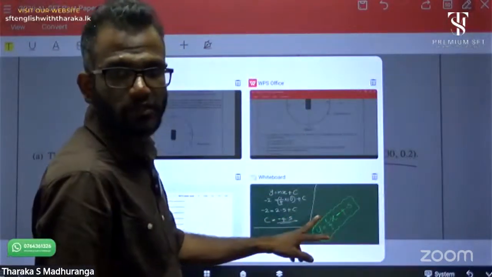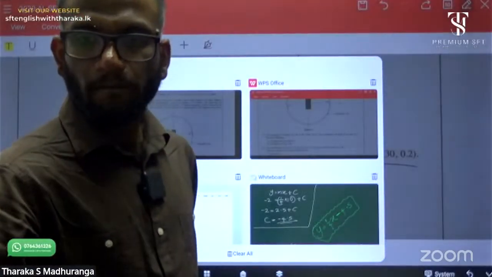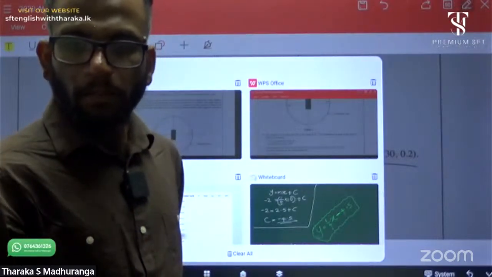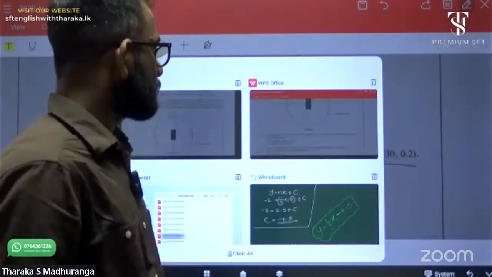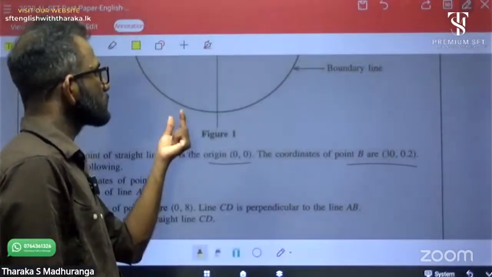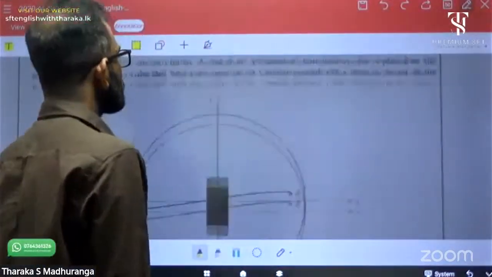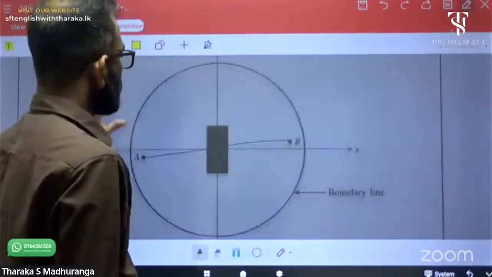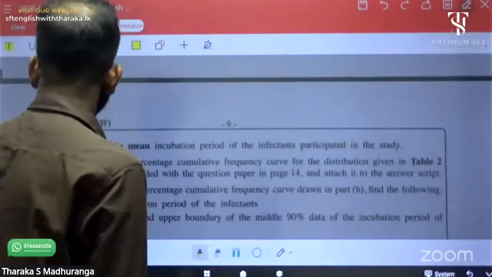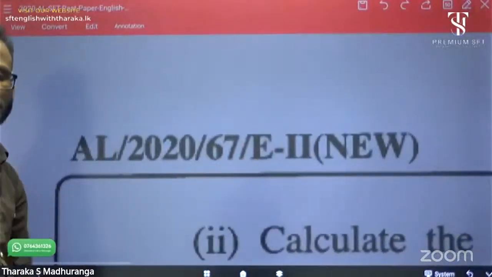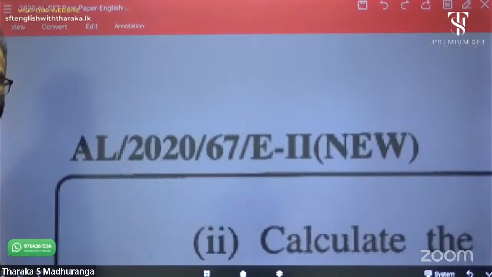These are A-level questions. Sorry. The past paper 2020 A-level, question number 6. I'll give you other questions as well. This is the paper. Could you find it?